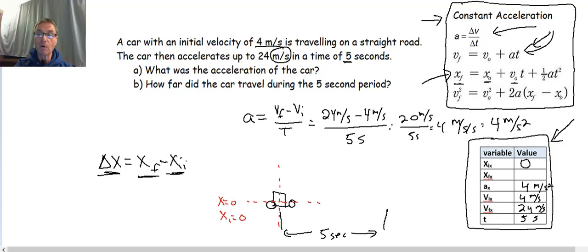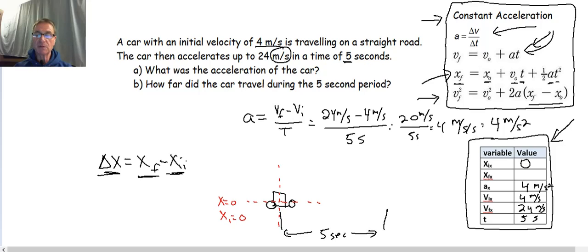We're looking for x final, all right? We know x initial because we set that to be 0. We know the initial velocity is 4. We know the time is 5, the acceleration is 4, and again the time is 5. So we have everything we need right there. So we could find the x final using that equation.